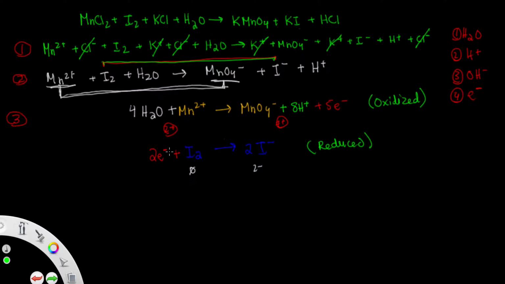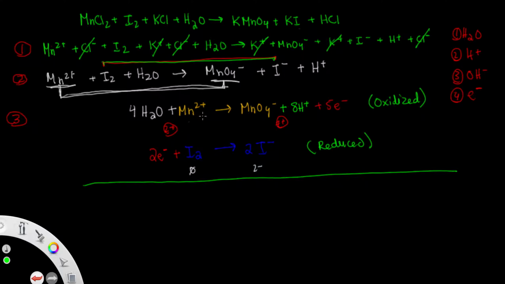Now that we understand how to balance out the reactions, and that depending on where we add the electrons, we can identify it as either oxidized or reduced, we can take this information and balance the total reaction. Ultimately, I want to cancel out these electrons and keep everything else essentially the same.